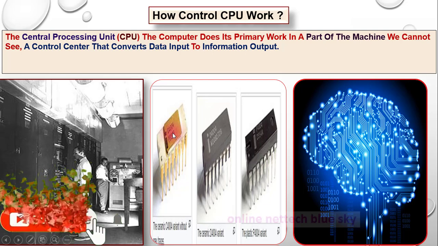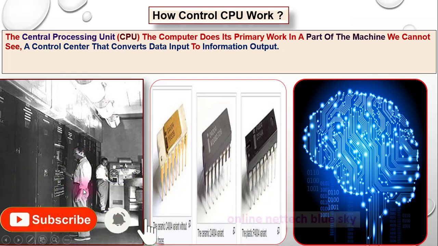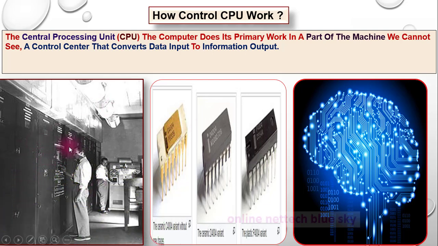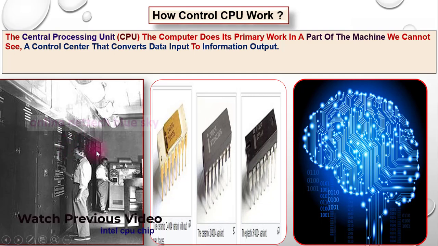These CPUs did not have much memory; it was used only to enter data, and the machine automatically calculated and gave output very slowly. But this small chip is very useful technology.